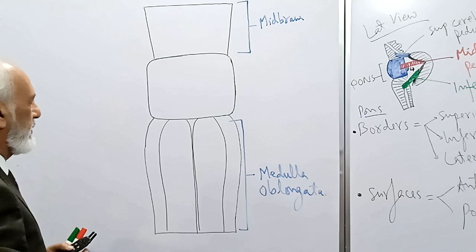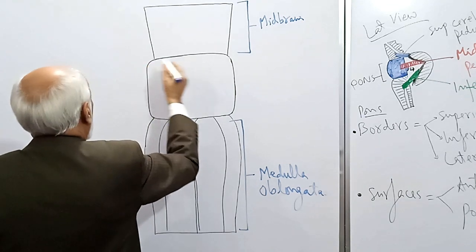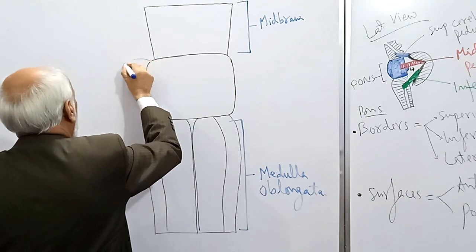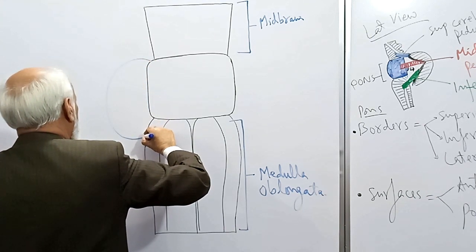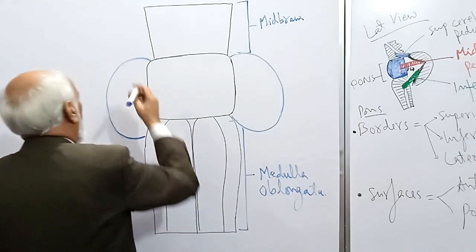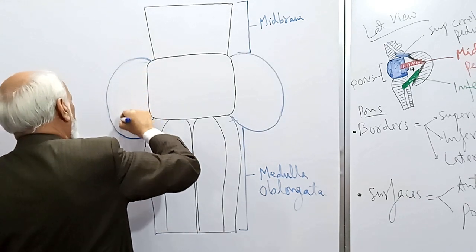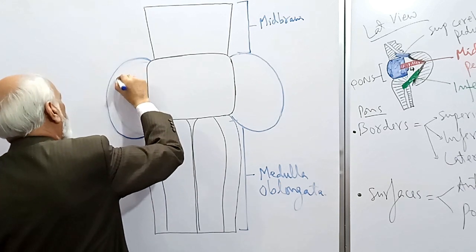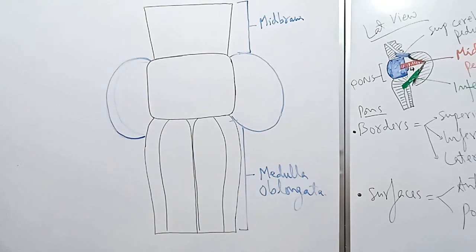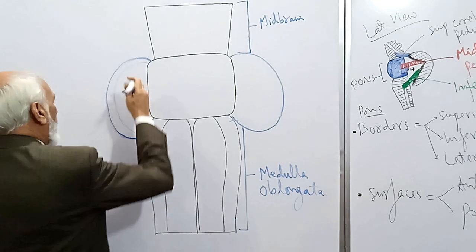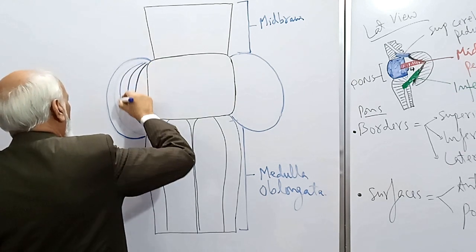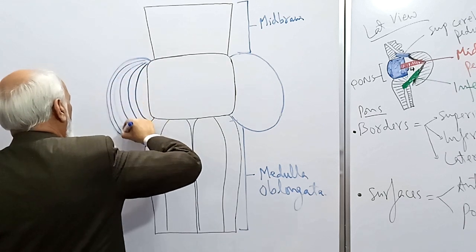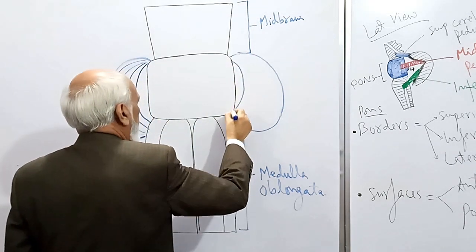So on each side, we will be able to see the right and left cerebellar hemisphere. This is the right cerebellar hemisphere, and this is the left cerebellar hemisphere.